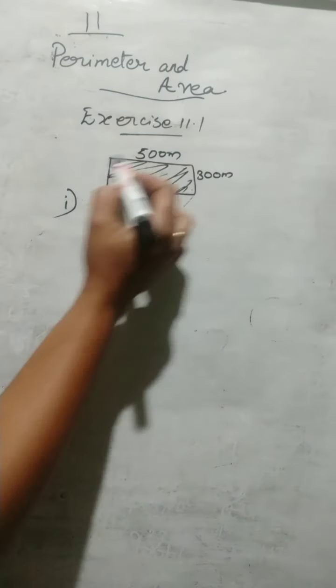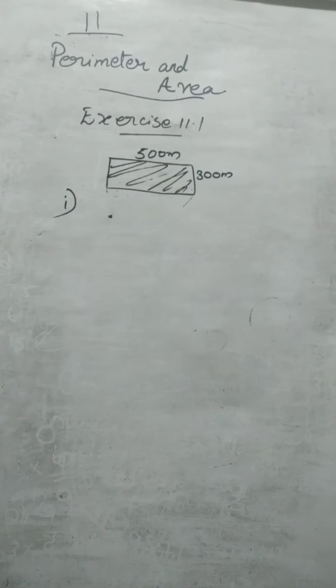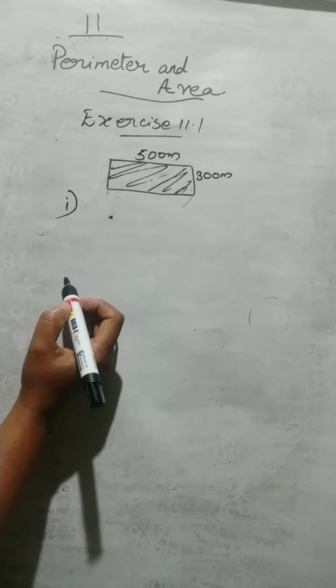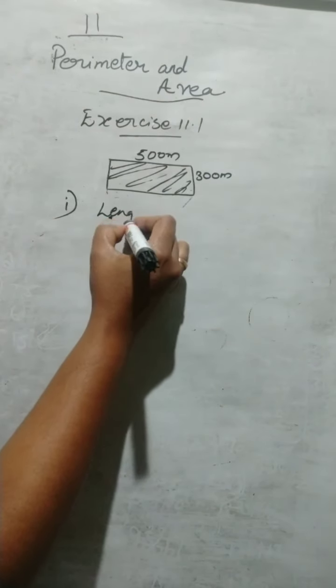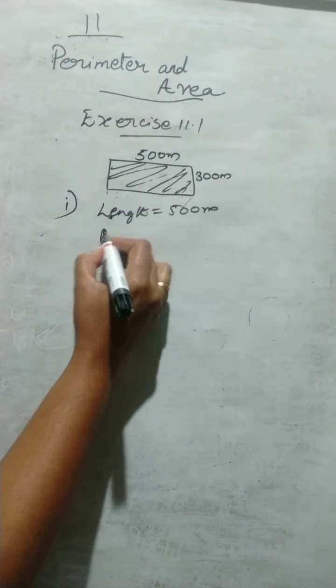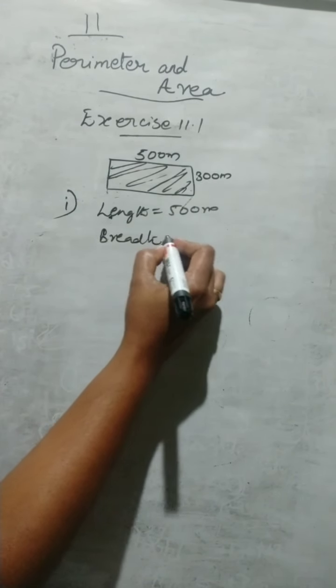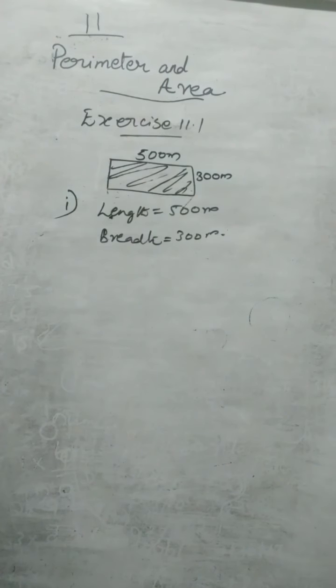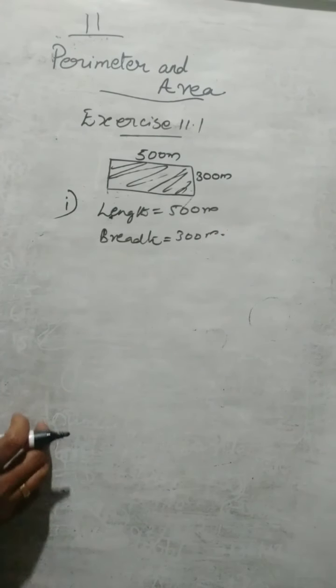Total length of boundary will be the perimeter. Okay. Then the length of rectangular piece of land. Length is given that 500 meter. Breadth is equal to 300 meter. Then the question is what is the area of this land?